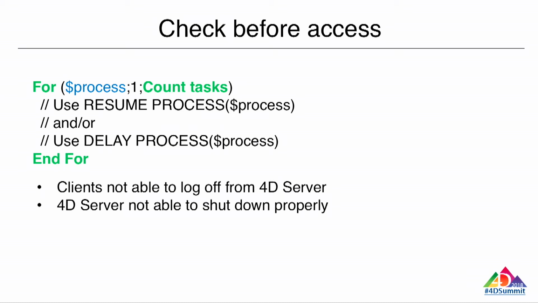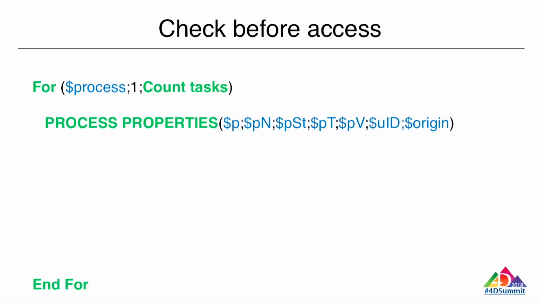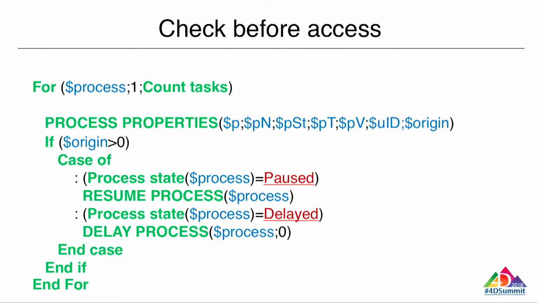This is something I'd like to point out, because we're getting a lot of cases where customers cannot log off, or the 4D Server can't shut down. One of the things I see is old practices of just using COUNT TASKS and then running RESUME PROCESS and DELAY PROCESS, where you might not know that you're really accessing 4D processes. So what you can do is use the PROCESS PROPERTIES command and check the origin.